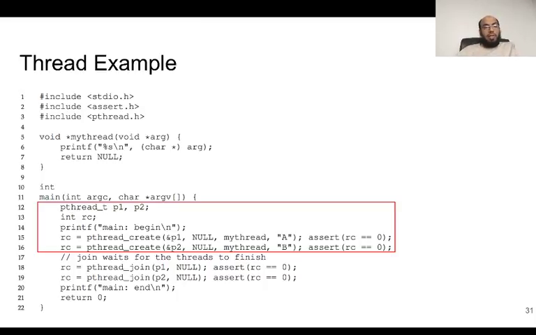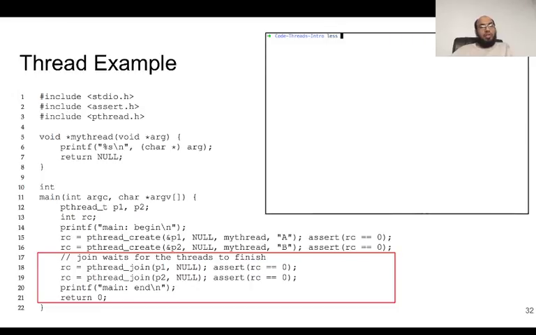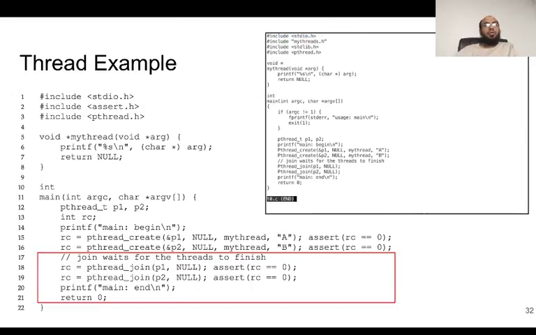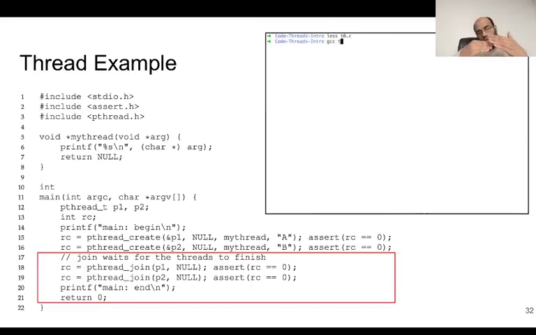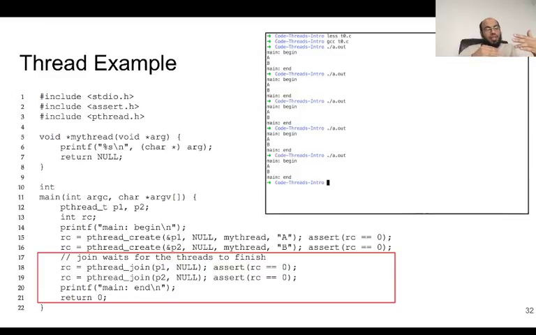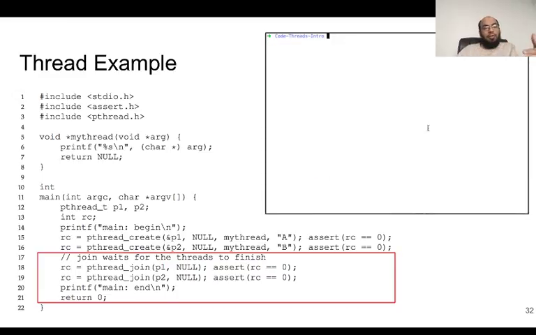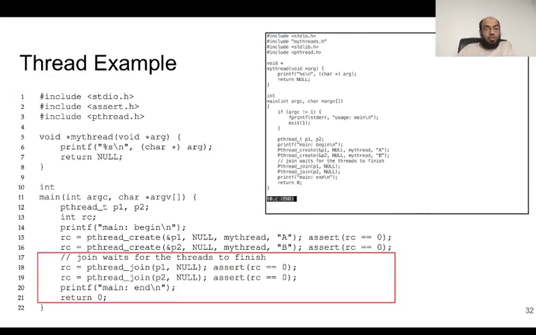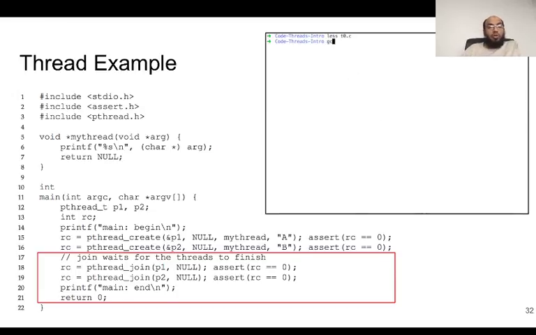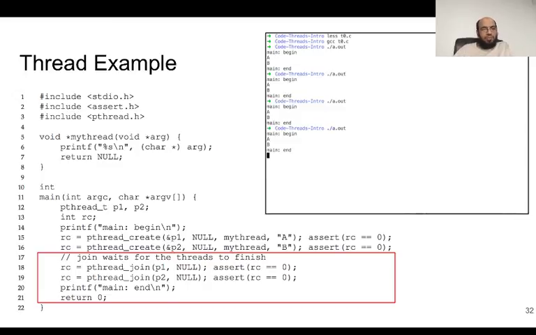The join statement is used to make sure that the parent process does not exit before the child processes finish. So it needs to wait for the two threads, T1 and T2.